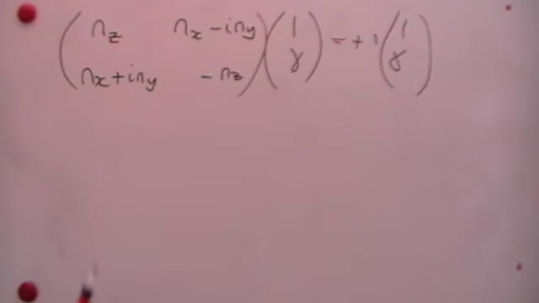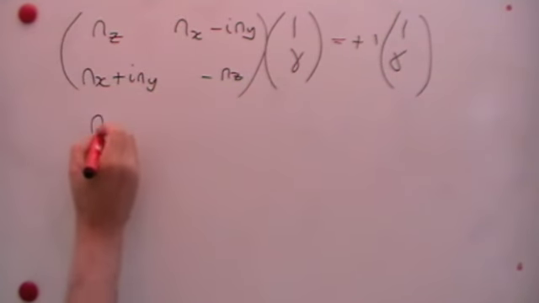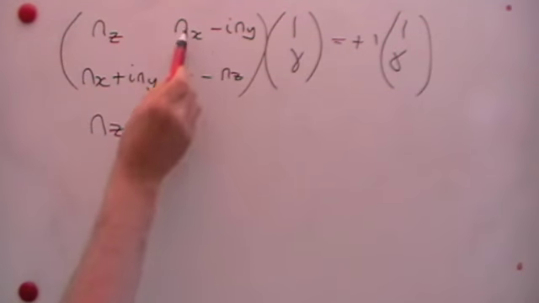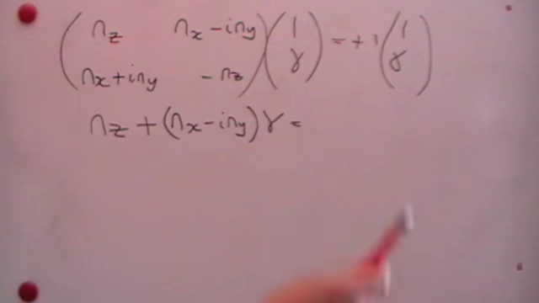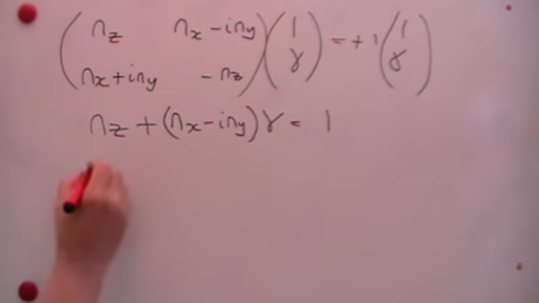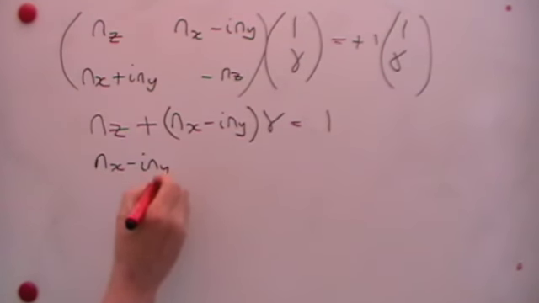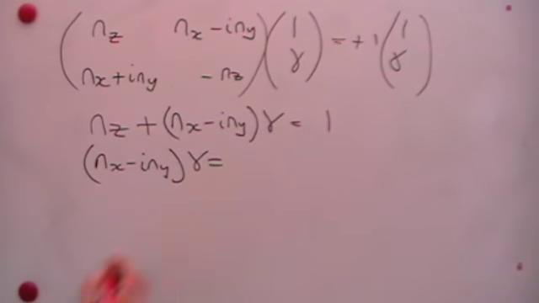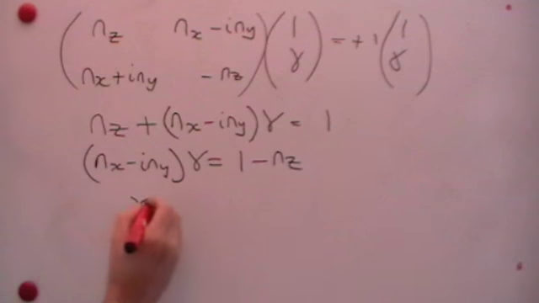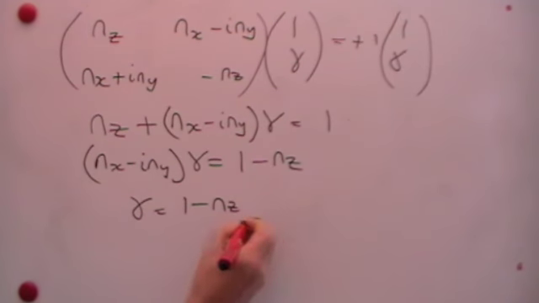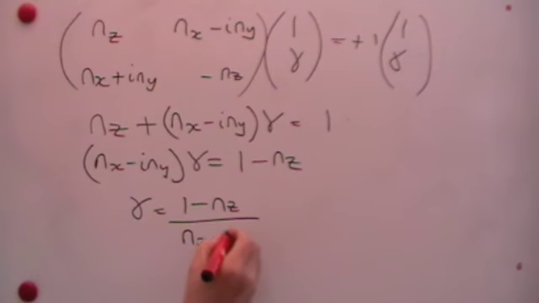Well, we actually only need to do the top line. nz times 1 is nz, plus nx minus i ny times gamma, is equal to plus 1 times 1 is 1. I can now say that nx minus i ny gamma is equal to 1 minus nz. All I've done is to take this nz and put it on the other side and change sign. And then I've got that gamma is equal to 1 minus nz divided by nx minus i ny.